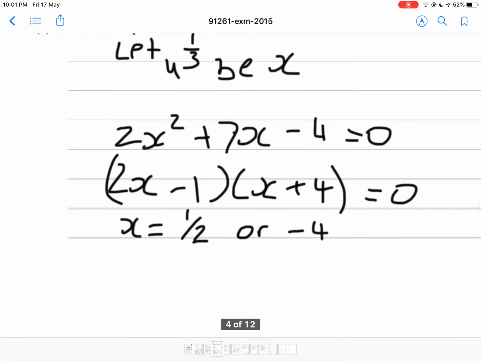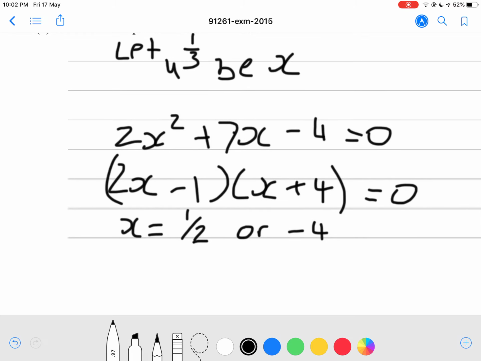So now basically, because we have let u to the power 1 over 3 be x, so basically u to the power of 1 over 3 equals 1/2, or u to the power of 1 over 3 equals negative 4, okay?